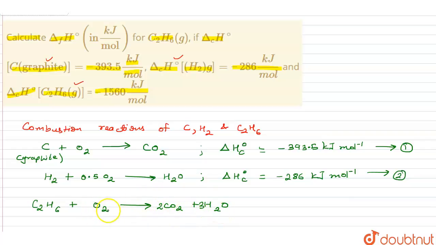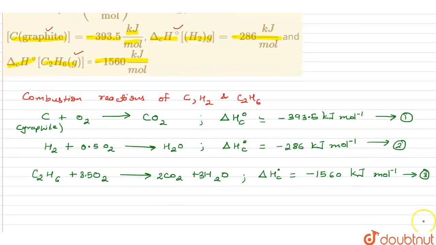So 7 divided by 2 makes it 3.5. Again, the same reason, we want it for 1 mole and hence we have presented it in this manner. This is minus 1560 kilojoules per mole, and that's equation number 3.